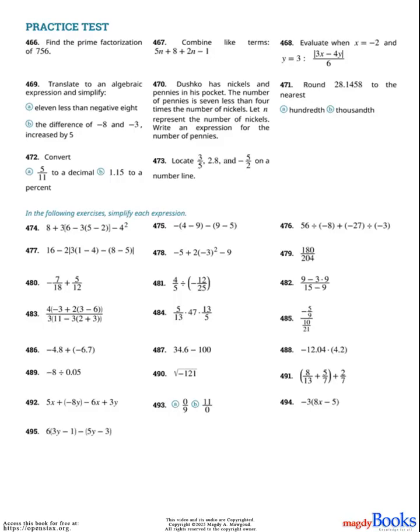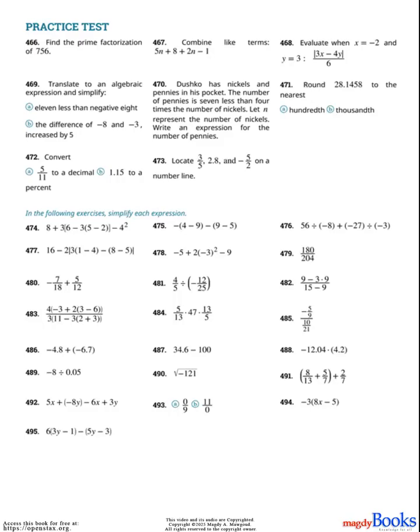487. 34.6 minus 100. 488. Negative 12.04 times (4.2). 489. Negative 8 divided by 0.05. 490.